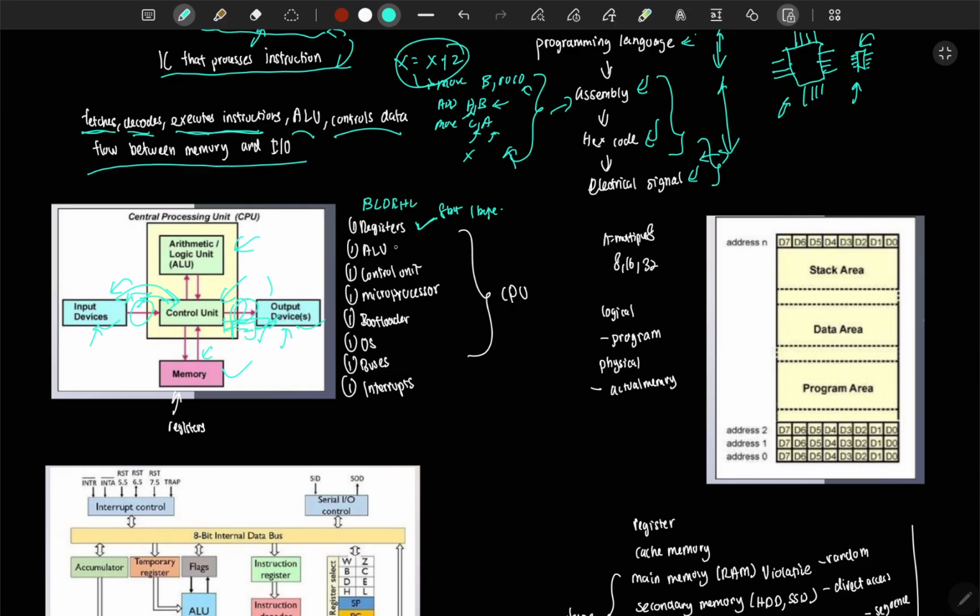And then we have the ALU, which does addition, subtraction, OR, NOR. It's not a gate, but it's the operations that are in it. The control unit allows you to control moving data, fetching data, and so on. And we have the microprocessor itself. The microprocessor is a combination of these two, both the control unit and the arithmetic logic unit.